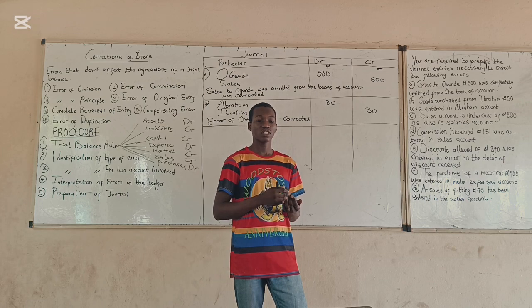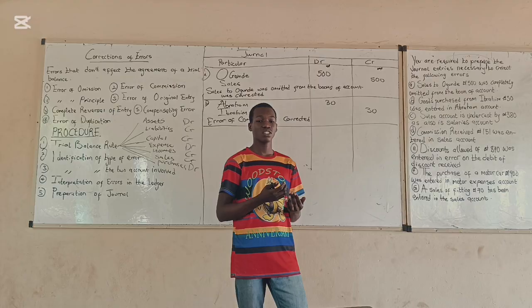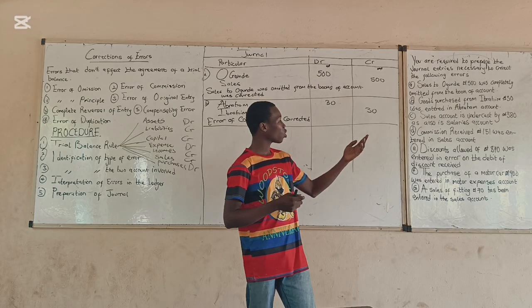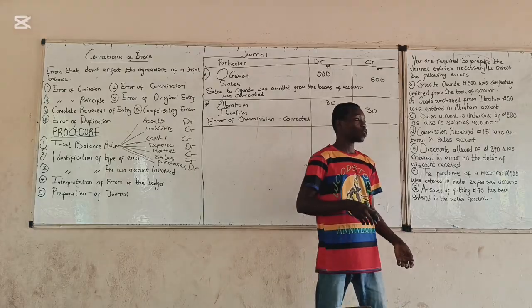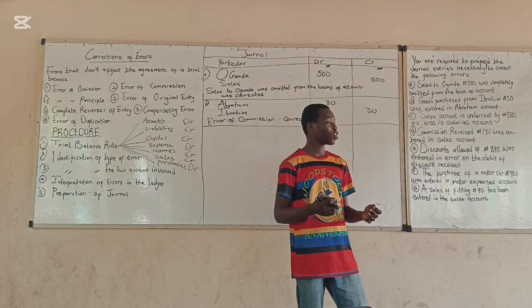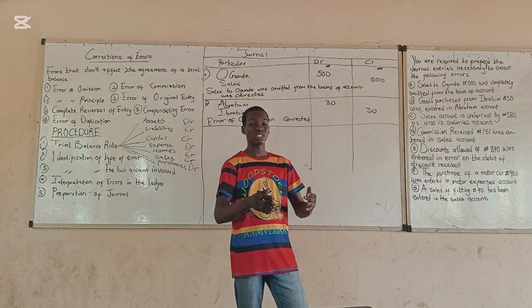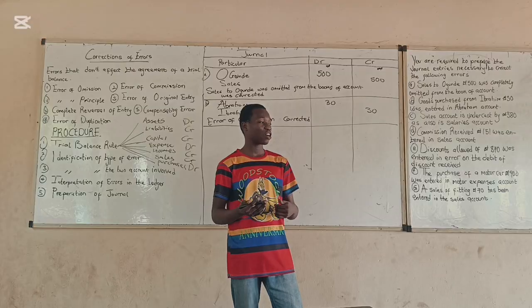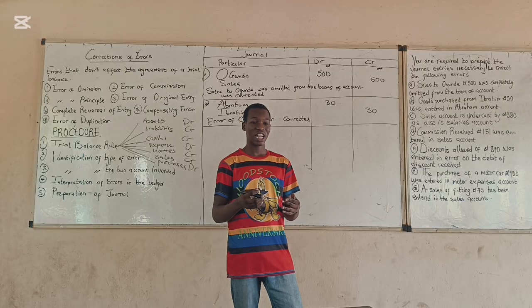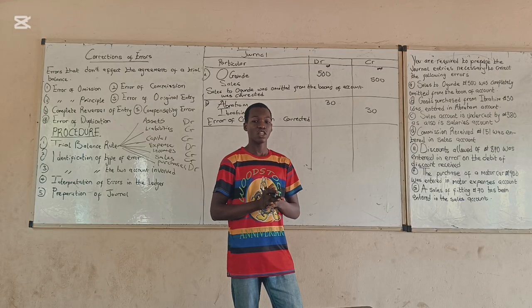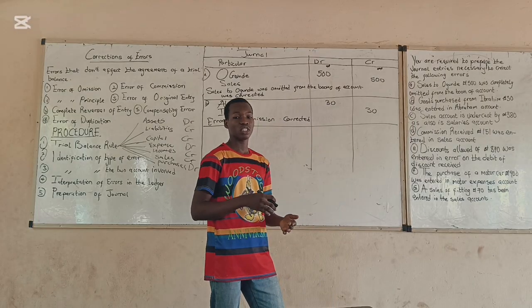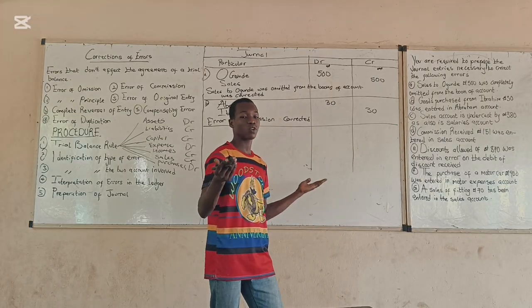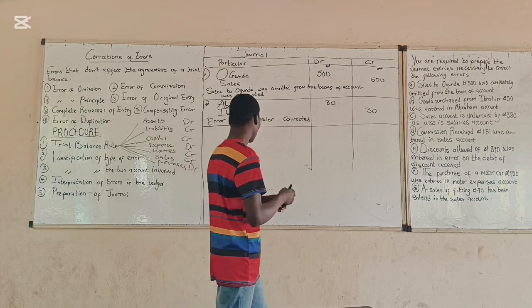Do you get it? Now, how do you correct it? They say they undercast the amount by 380. In a normal case, sales account is credited, and salary account, which is an expense, is debited. So to correct this undercast, we need to add the money to the credit of sales and the debit of salaries. That is all.